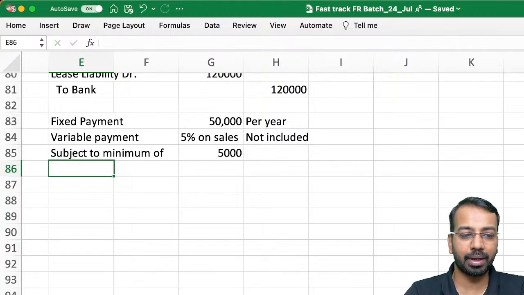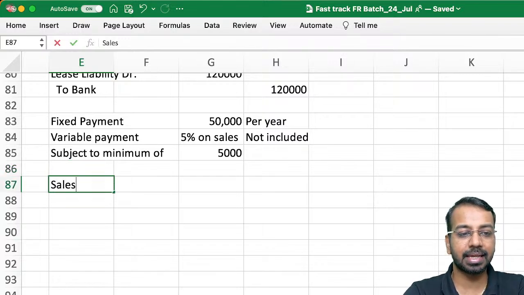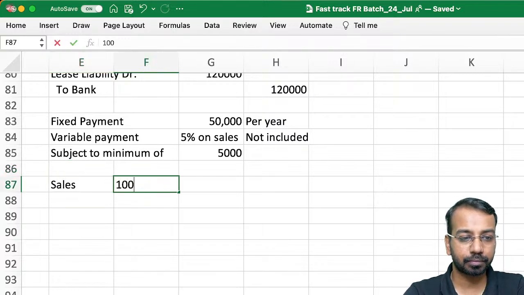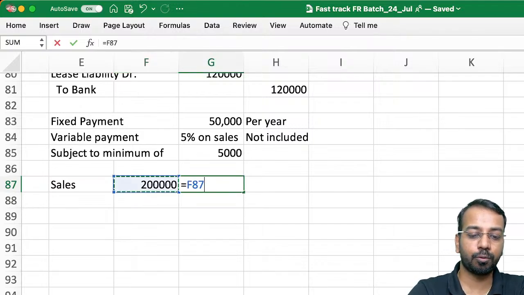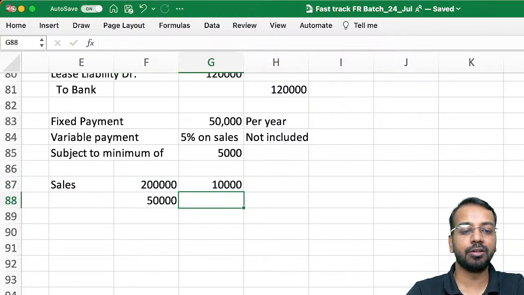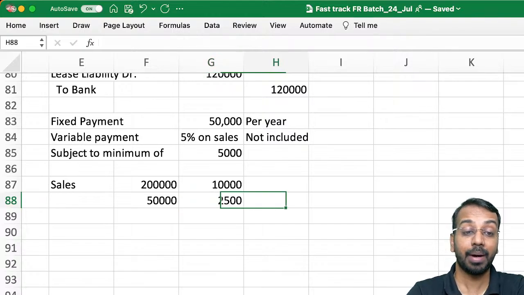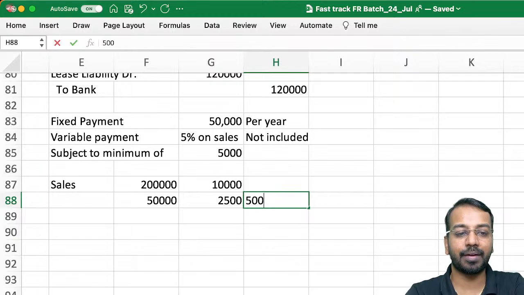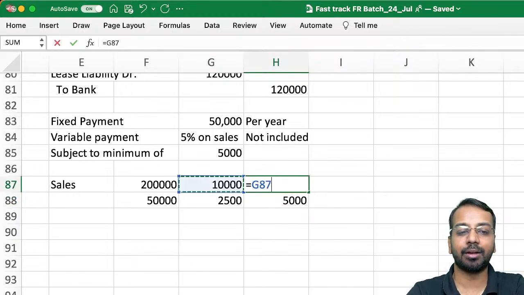But let us say in a month or in a year, sales are 2 lakhs. If sales are 2 lakhs, I need to pay 2 lakhs into 5%, 10,000. If the sales are 50,000, I need to pay 2,500, but the clause says minimum 5,000 you need to pay. So I'll pay 5,000 here, I will pay 10,000 here.